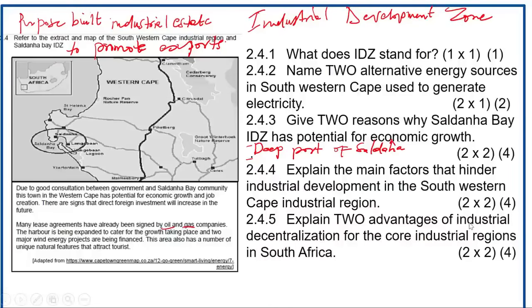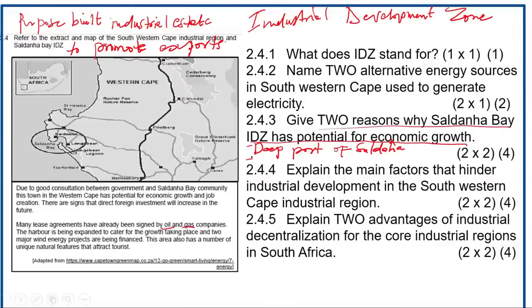So when we were teaching you, what are the factors that favor industrial development? Here it doesn't say that. It says, give two reasons why Saldanha Bay has potential for economic growth. You see, it is not going to come as simply as you were taught in class.